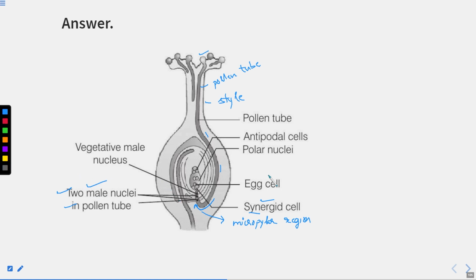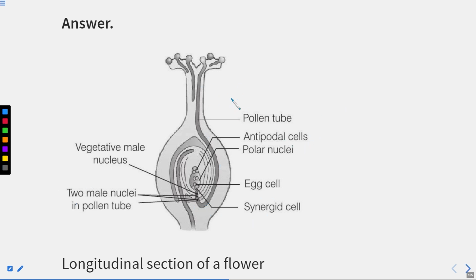One will fuse with the egg cell and the other will fuse with the central cell, which is formed by the fusion of the two polar nuclei. Here you can see the polar nuclei, here you can see the antipodals, and this is the pollen tube. So this is the path of the pollen tube through the pistil. This diagram shows you the longitudinal section of a pistil of a flower.